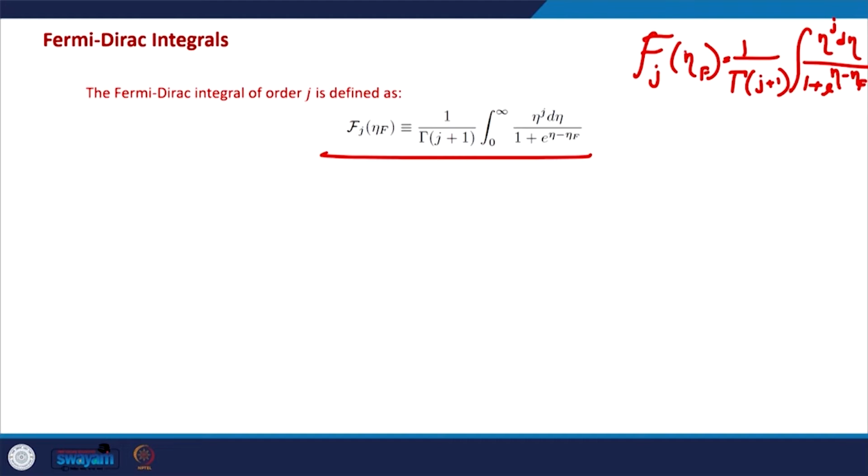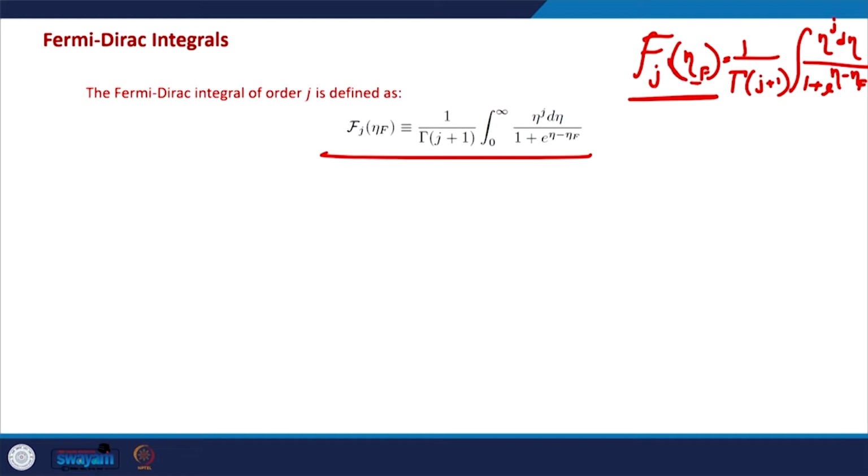The Fermi-Dirac integral function has the variable eta f in its argument. Please remember this. On the right hand side we have both eta and eta f, but in the argument of the Fermi-Dirac integral function eta f is there. Okay.